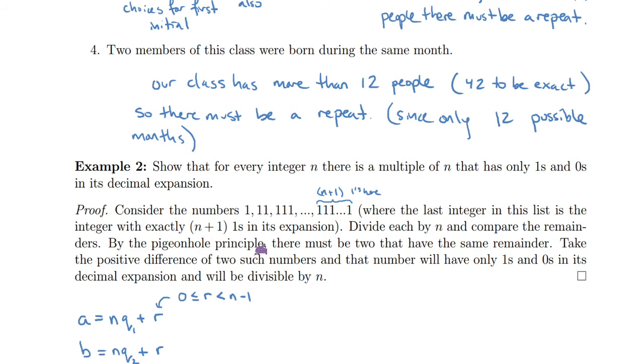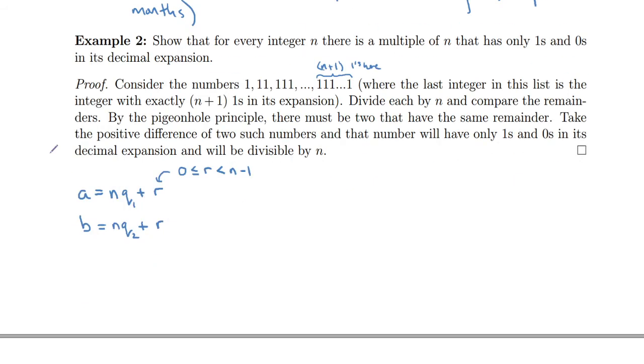There are n plus 1 numbers in this list, so by the pigeonhole principle, there must be two that have the same remainder.